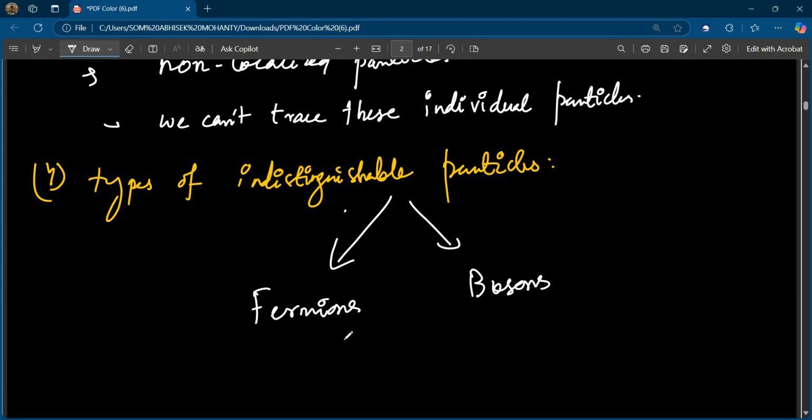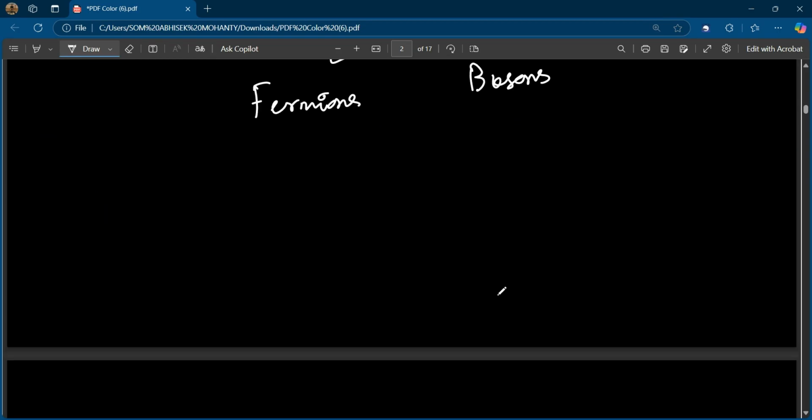Fermions are Fermi particles, and bosons are Bose particles. What are fermions and what are bosons?